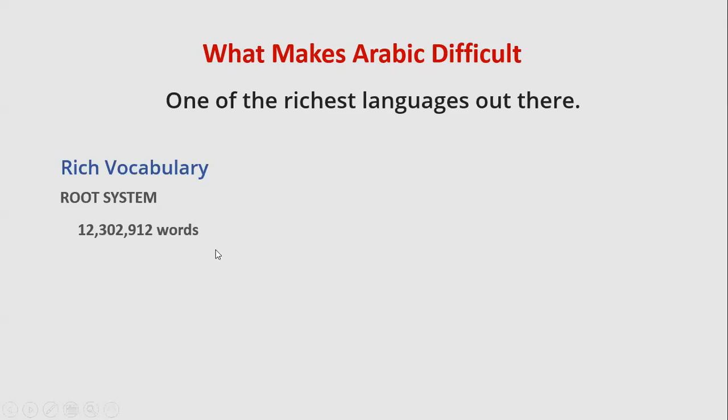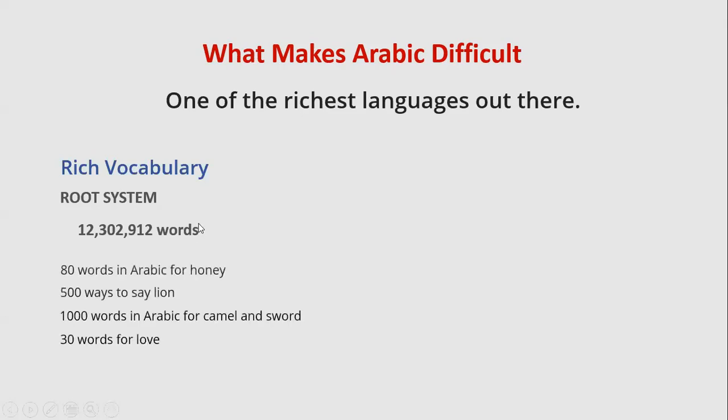So in Arabic we have about 12 million words. We have 80 words in Arabic for honey, 500 ways to say lion, 1,000 words for camel and sword, and 30 words for love. This is the reason why Arabic is a difficult language.